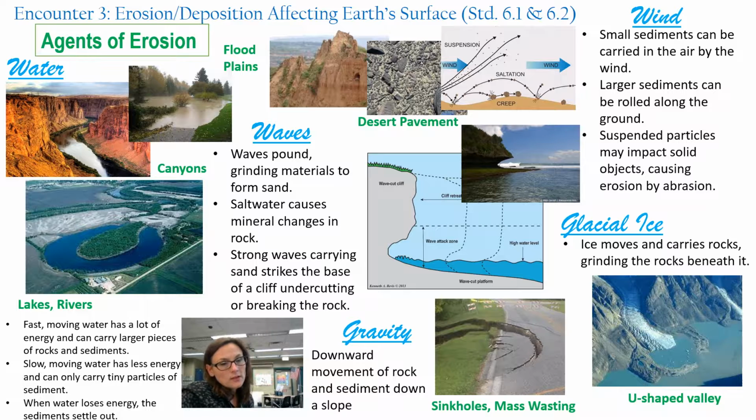Gravity. We see gravity affecting Florida a lot, because this really has to do with our sinkholes and our landslides. This is commonly referred to as mass wasting, which you won't hear, but you'll hear sinkholes. Pretty much a sinkhole, and you can see in the picture, has been occurring for a long time. It's been brewing underneath.